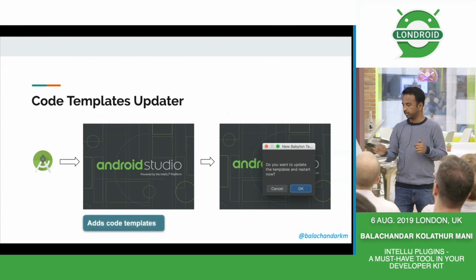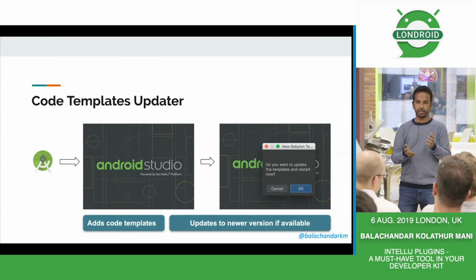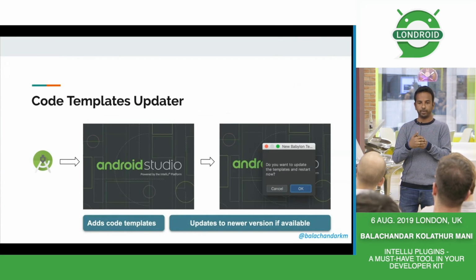And the second use case is versioning our templates. It's good that we have templates, but as we change our architecture and introduce more changes, the templates go out of date. How do we keep the templates up to date? Now our plugin has a versioning logic, so when we want to update our templates, we put them inside our plugin and release a new plugin version.